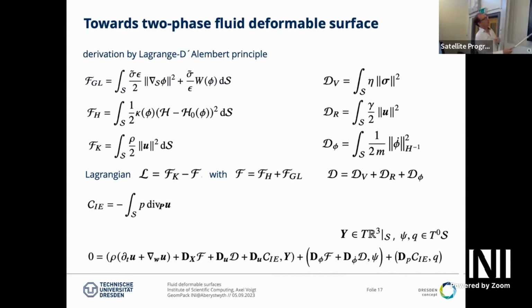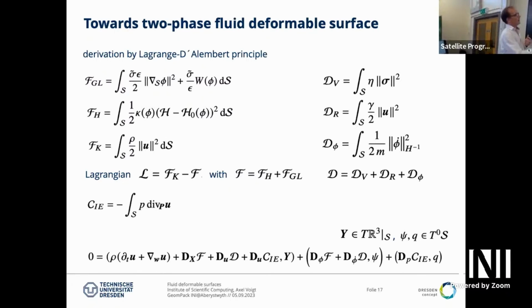We have the bending energy, where the bending rigidity and the spontaneous curvature now depend on the phase. And we have the kinetic energy. Then we have different dissipation mechanisms.